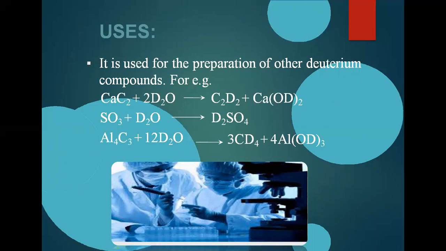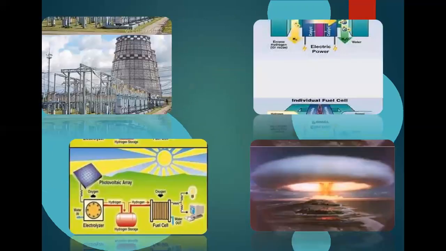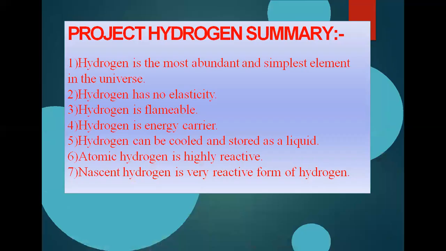Al4C3 plus 12D2O gives 3CD4 plus 4Al(OD)3. These are the other deuterium products which are prepared using D2O. It is also used as a moderator and in fuel cells, to control many chemical reactions. Okay.